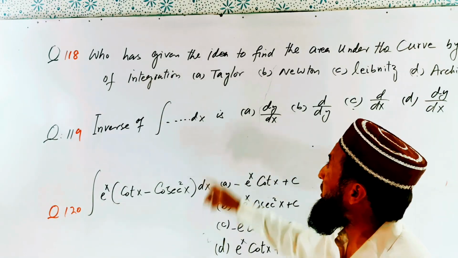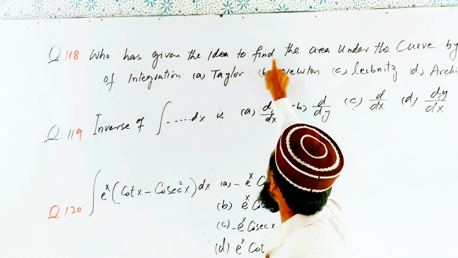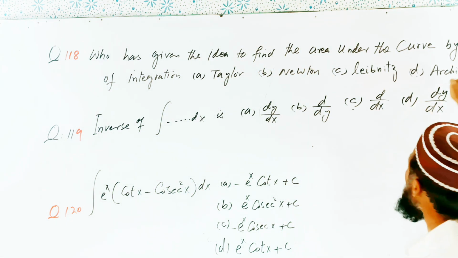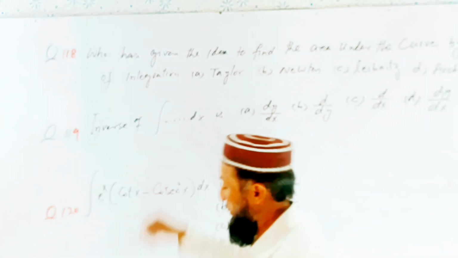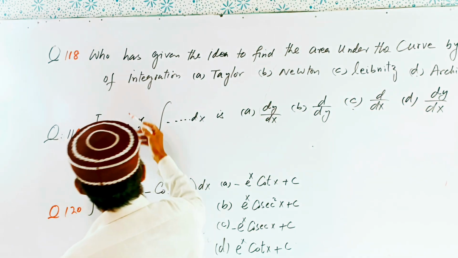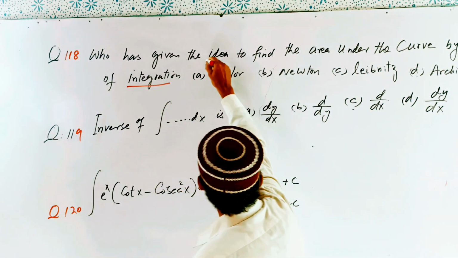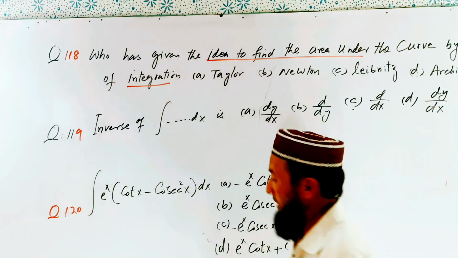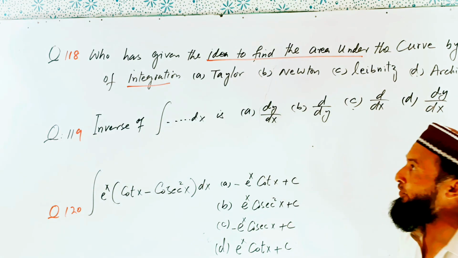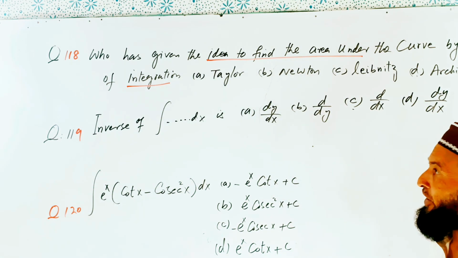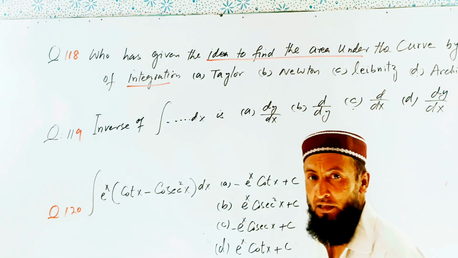Question 118: who gave the idea to find the area under the curve by use of integration? Use of integration we have already discussed in the first video and the first lecture, and I have already defined integration.